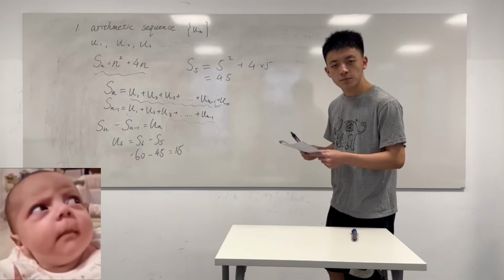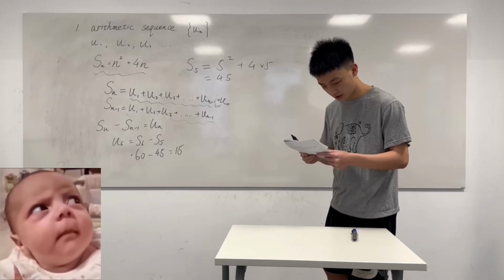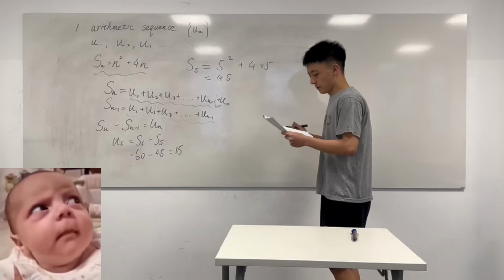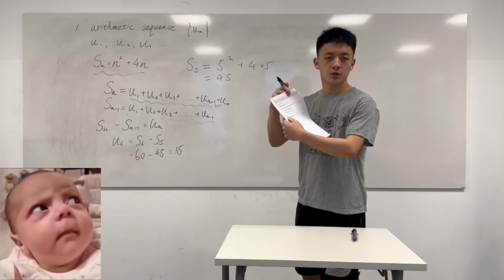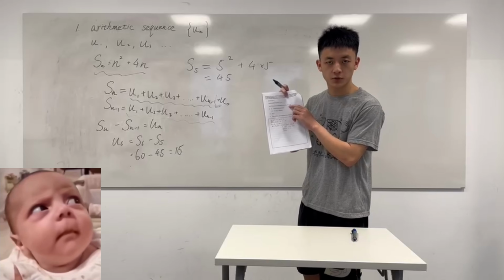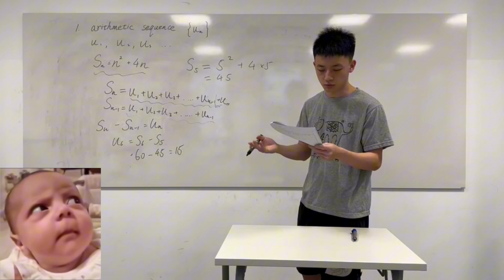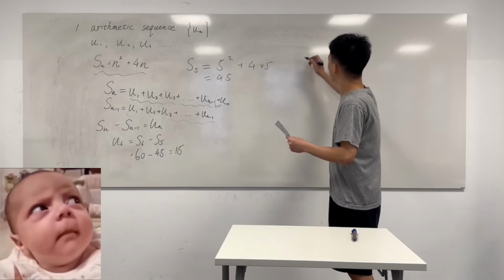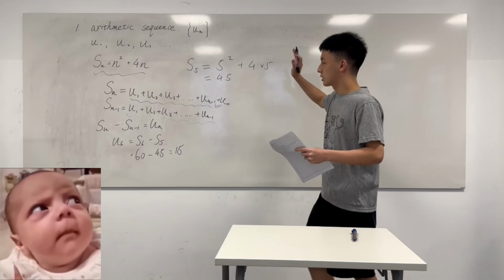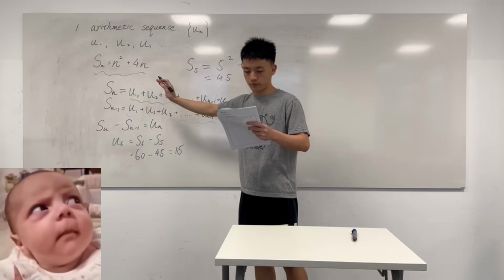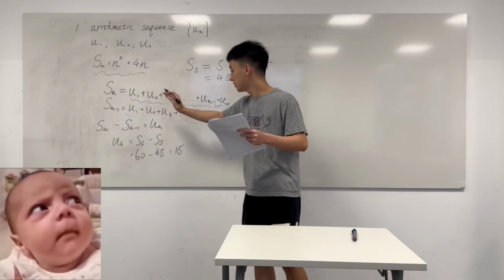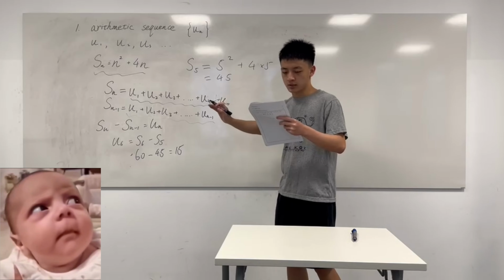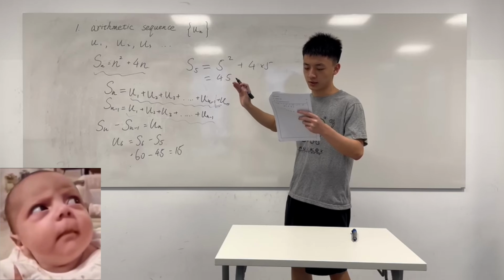Question B is also really tricky because they didn't tell us how much U1 is. How can we get U1? Let's go back to the definition of Sn. Sn means the first n terms of this sequence, right?